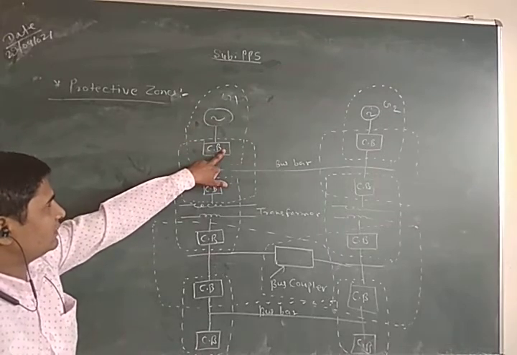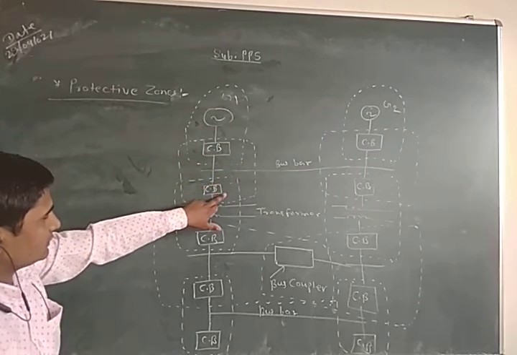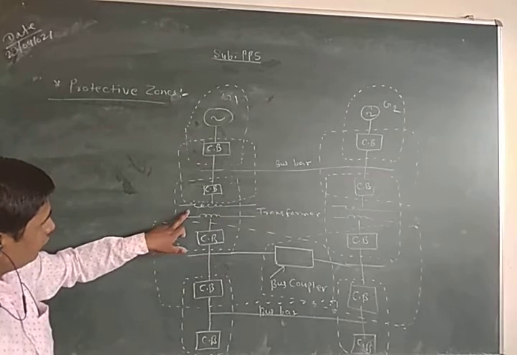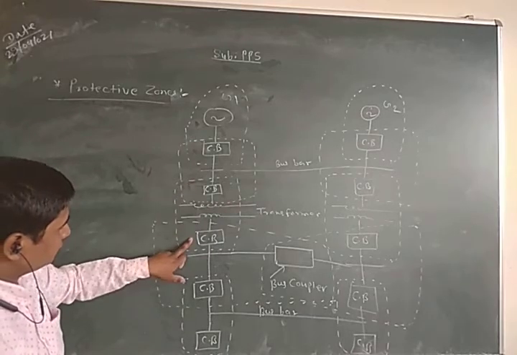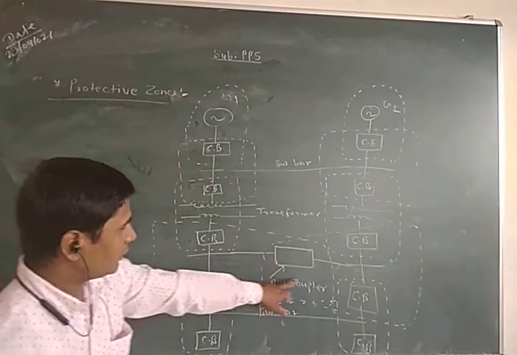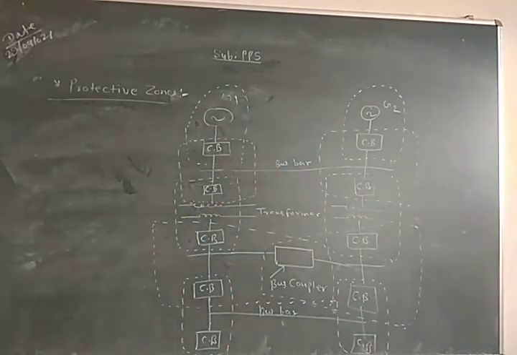Next, to protect the bus bar, we have a second circuit breaker and relay of that circuit breaker. For transformer protection, we draw a zone. Similarly for the bus coupler, we draw a protective zone. So this is the way to protect each component of the power system by maintaining protective zones.